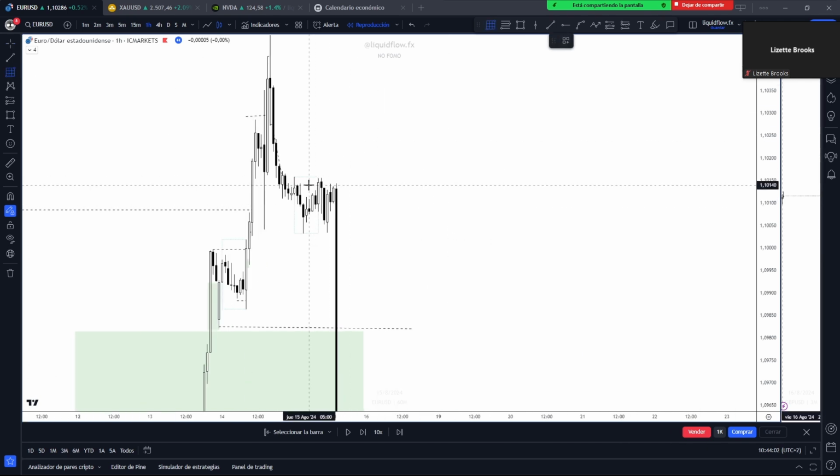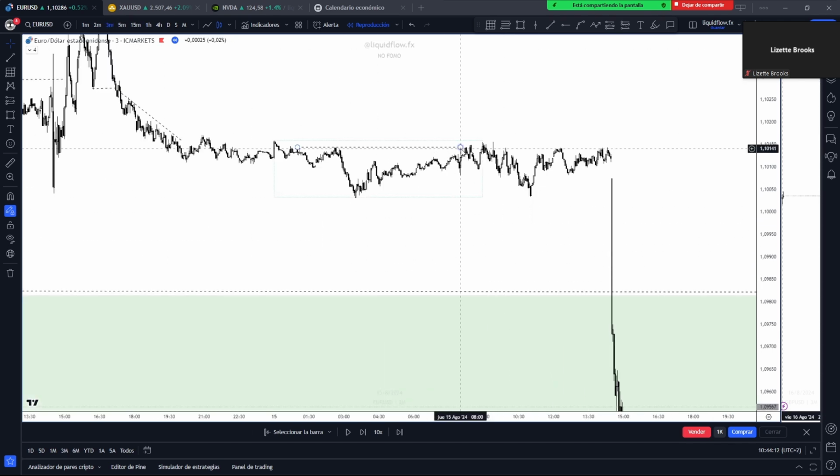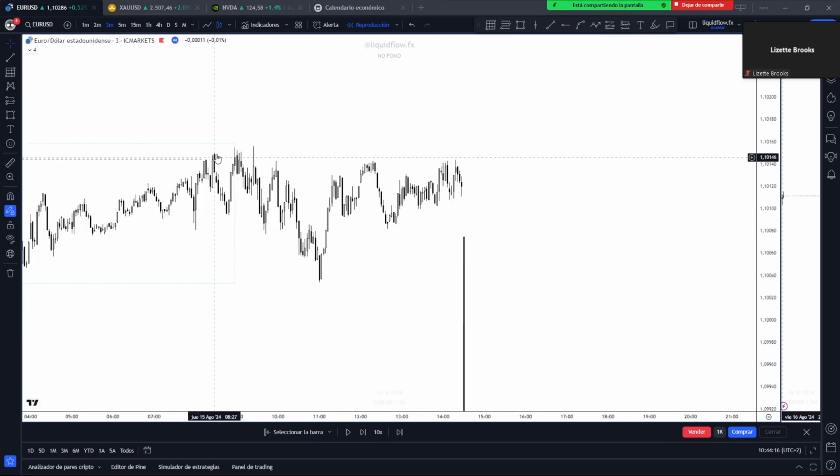You sweep here. 1 hour. Then if I go to 3 minutes, I have this break here. This is a mitigation block.